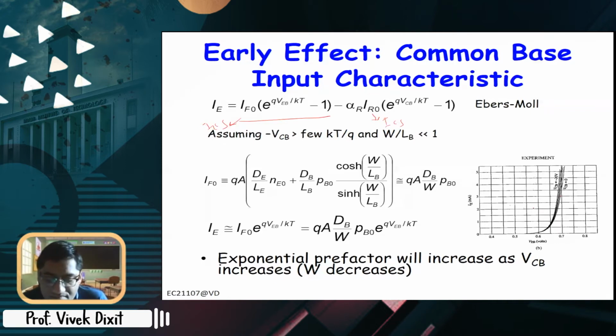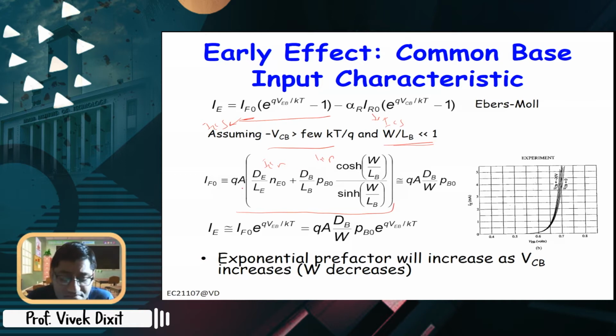Now, if the base collector junction is fairly reverse biased, and the width of the base is much less than the diffusion length of the minority carriers, so holes here. If you look at the expression for IF naught or IES, you had this coefficient for the exponential function, which you can approximate. There are two components, IEN and IEP, right?